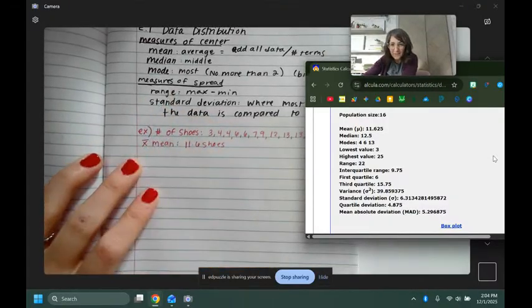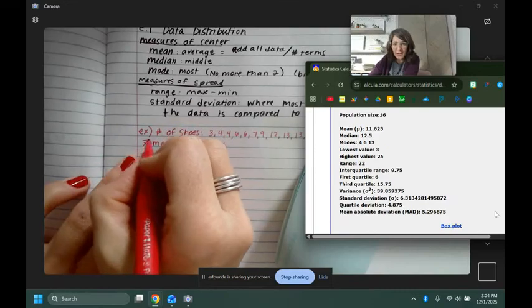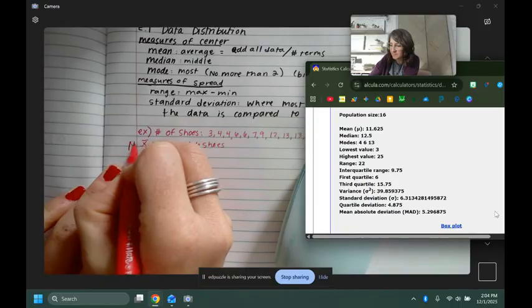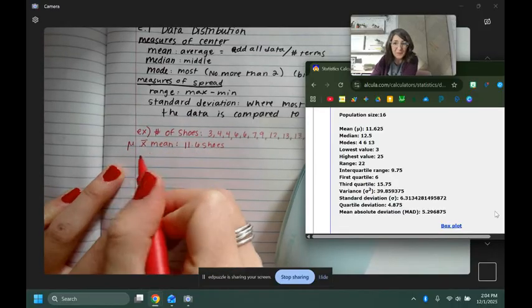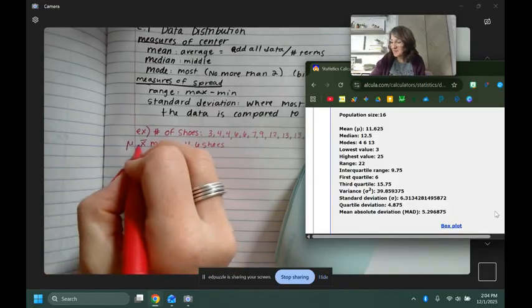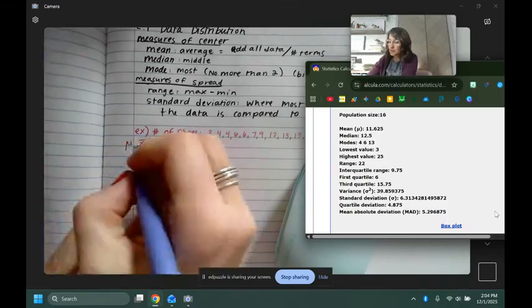Oh, they used a mu. A couple different symbols for mean. You can have an x with a bar above it. You can also have this symbol like that. It's called mu. It's fine. Those are both symbols. They mean the same thing. It's just the mean. So on average, people have 11.6 shoes.